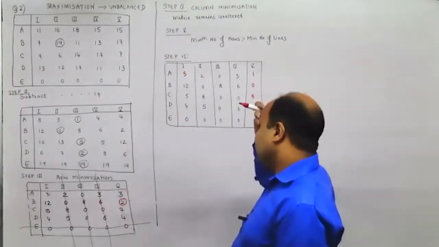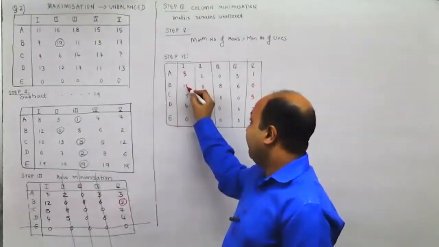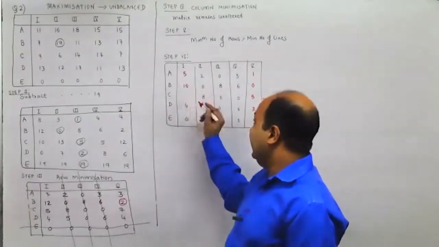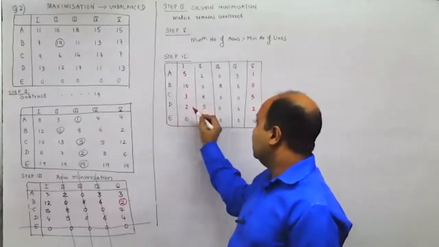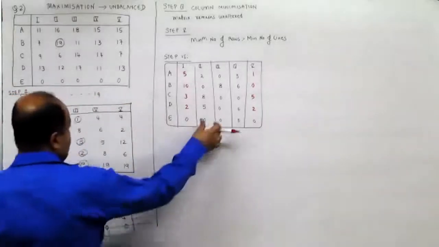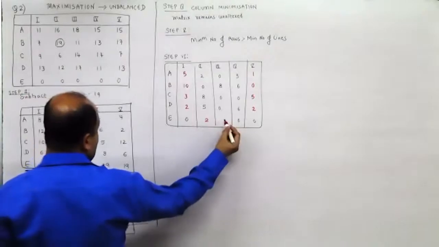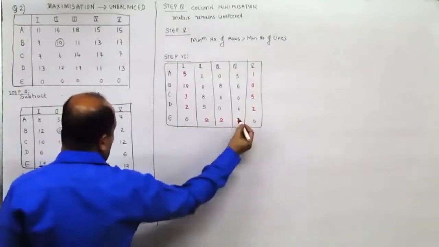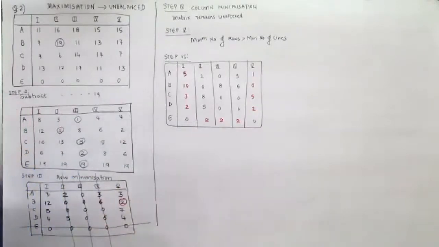Then here, this would be 12 minus 2 is 10. 5 minus 2 is 3. 4 minus 2 is 2. And here, this is 2. This is also 2 and this is also 2. Add this element to the intersection elements.